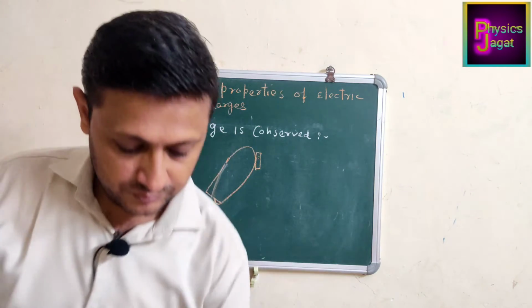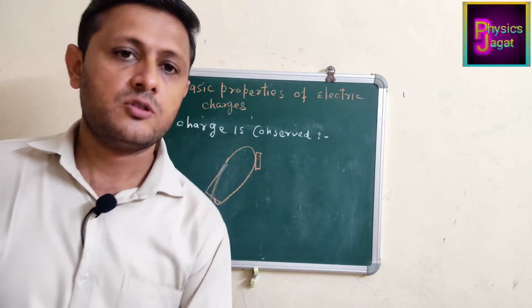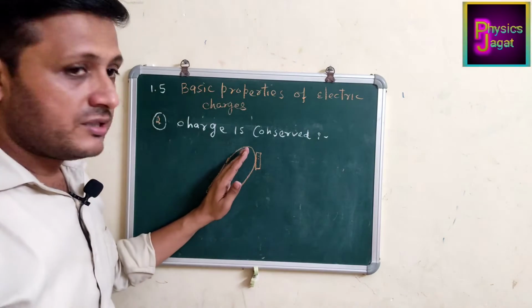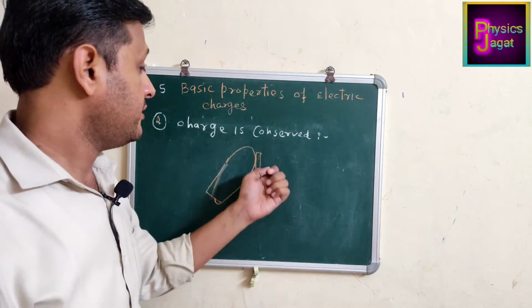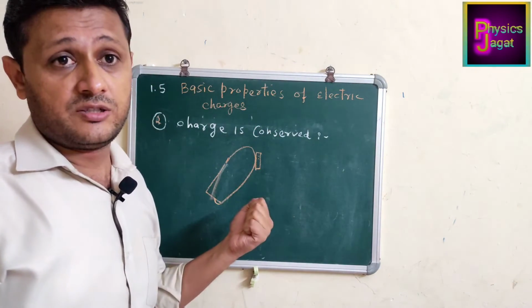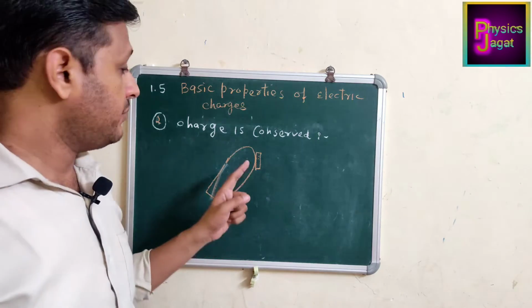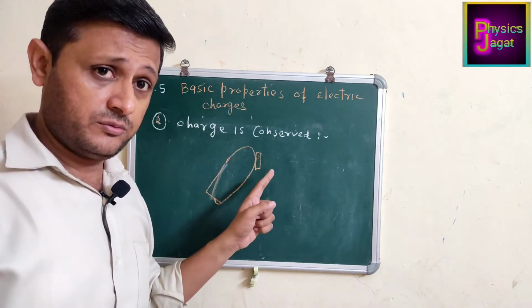Plastic is losing charge and silk is gaining charge. One becomes positive, the second becomes negative.